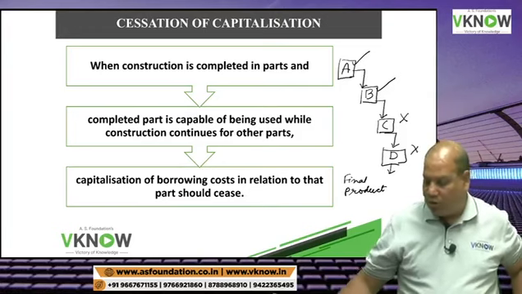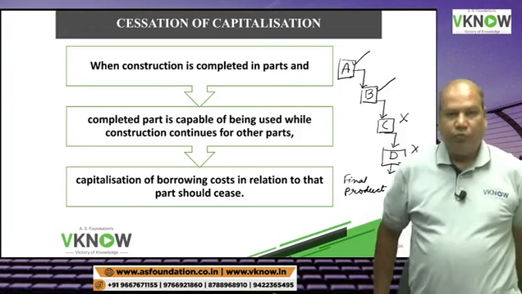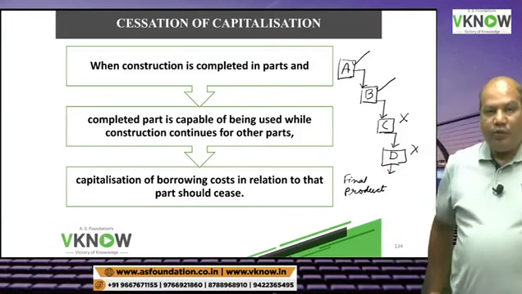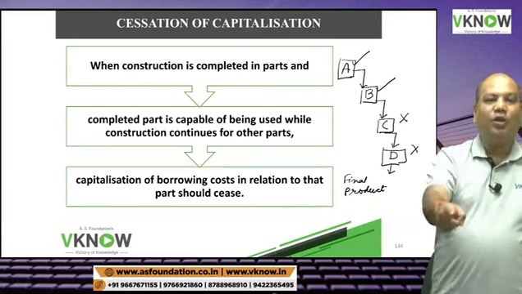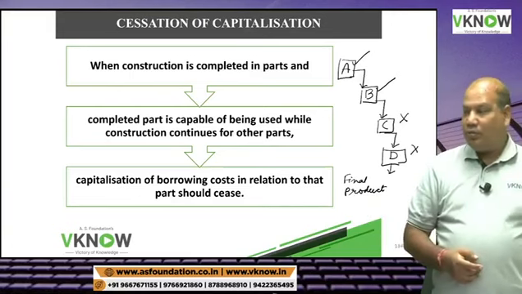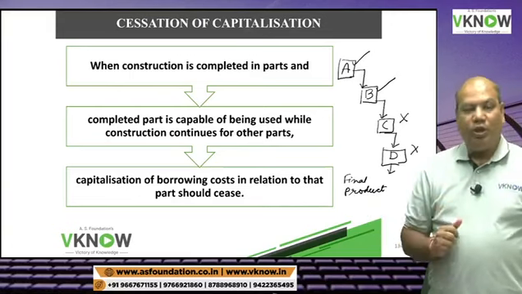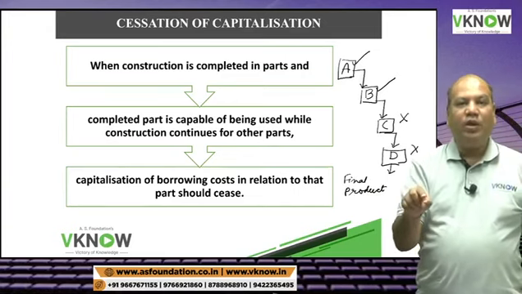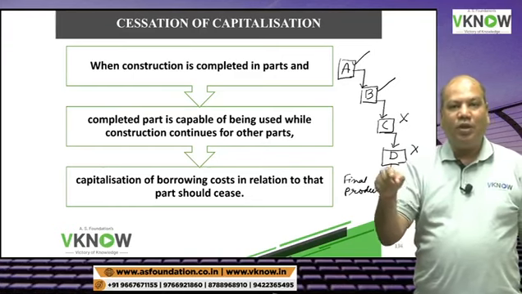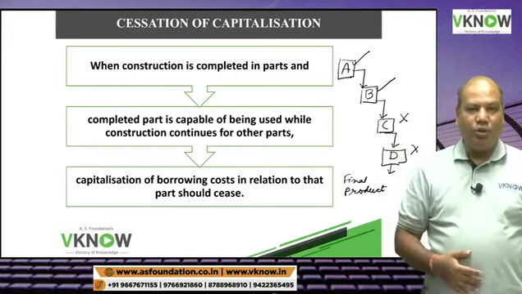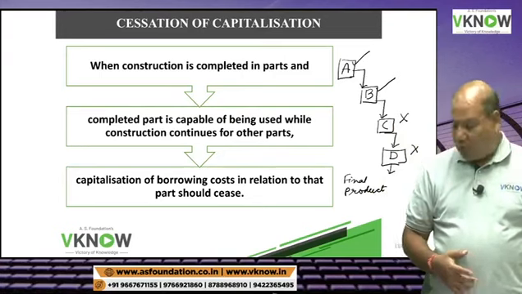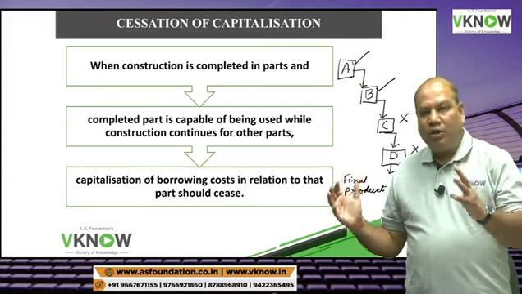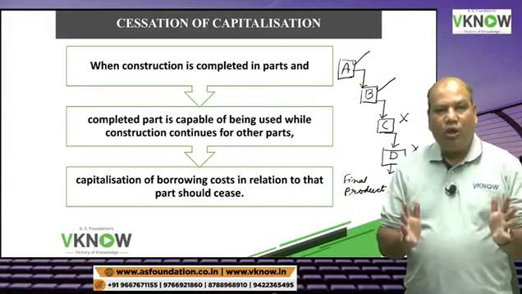Oh my God. Now there is a problem. What is the problem? In this example, unless C and D are also complete, A and B cannot be used independently. A and B can be used only when C and D are also complete. Therefore, in this example, unless the entire plant is ready, you can't use it.